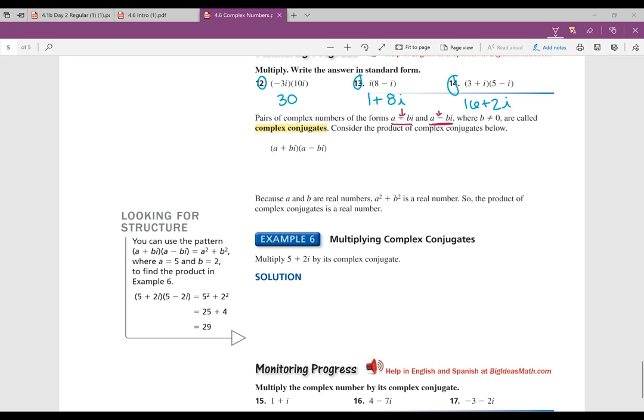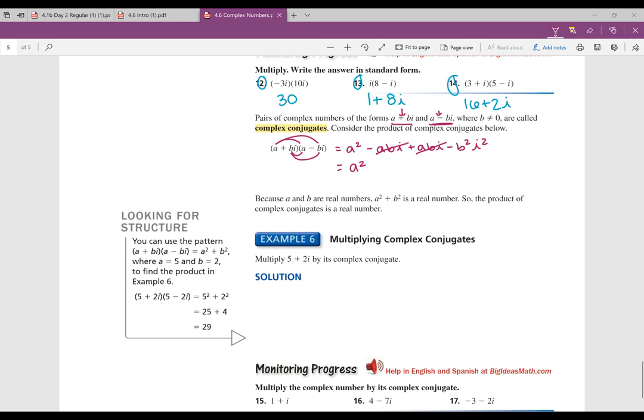Okay, so when we multiply these, let's multiply this out. We have a times a is a squared, a times negative bi is negative abi. And we have bi times a, so plus abi. And then bi times negative bi, so minus b squared i squared. So we have a squared minus abi plus abi.